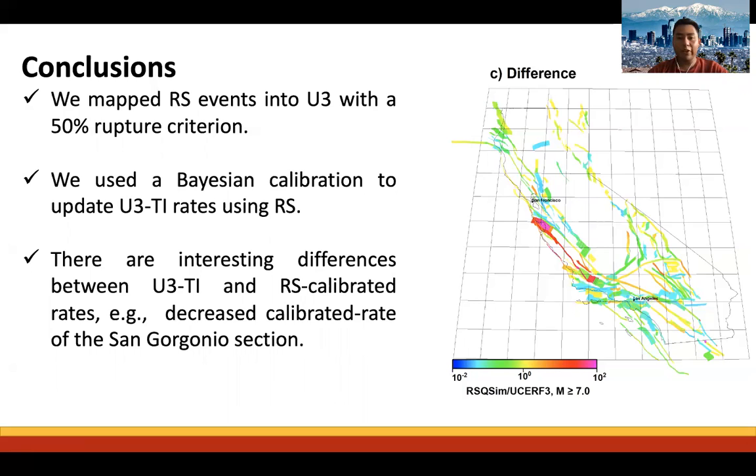And we observed many interesting differences between the time-independent rates given by purely user 3 models and those that were calibrated using RSQ-SIM data. An example of that is the decreased posterior rates of the San Gorgonio section, which tells us a difference between the behaviors of RSQ-SIM and user 3.